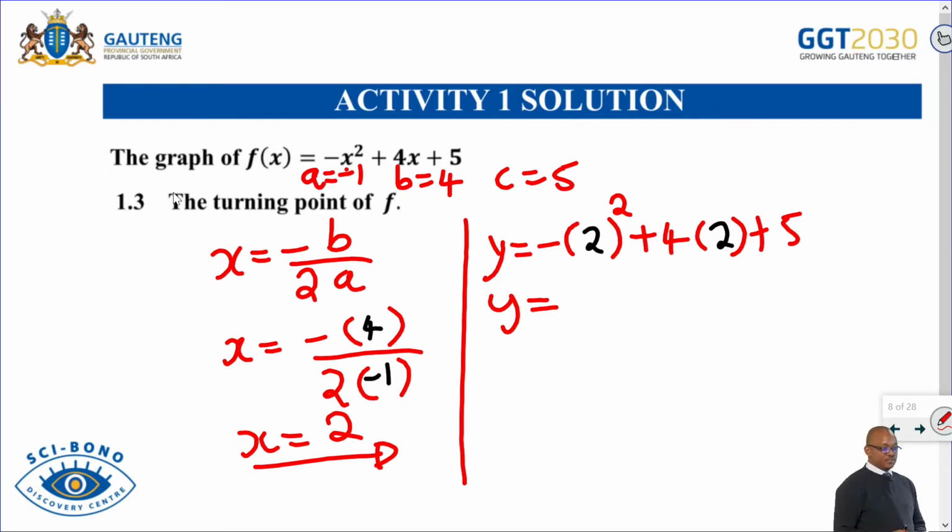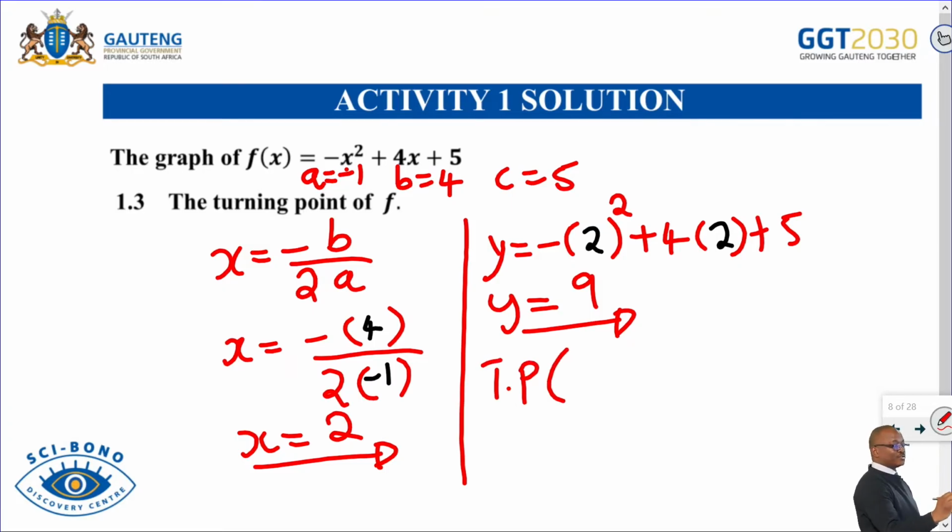We have negative 2 squared plus 4 into 2 plus 5. You will find that the answer you get is 9. So now your turning point, in the form of x, which is 2, and y, which is 9, is (2, 9). So that is your turning point.